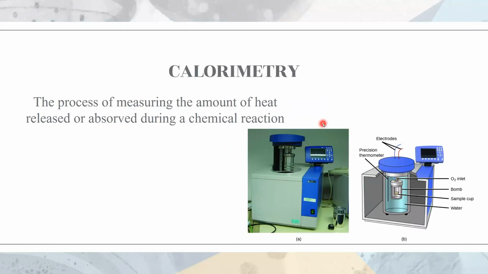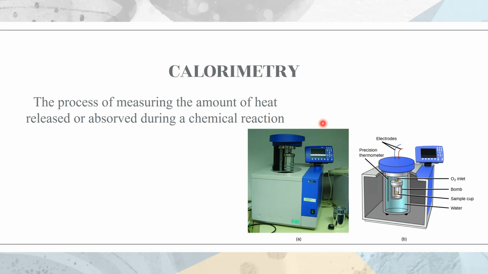And just as we said, calorimetry is just the process that we use to measure those changes of heat that are either released or absorbed during our chemical reactions. And there are a lot of reasons behind why we need calorimetry.